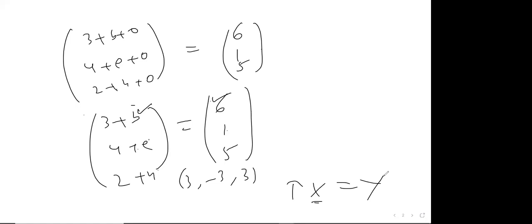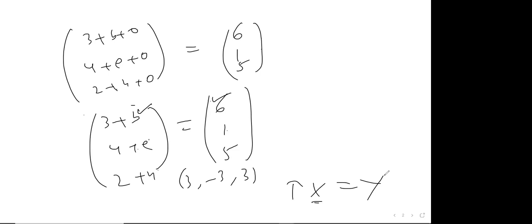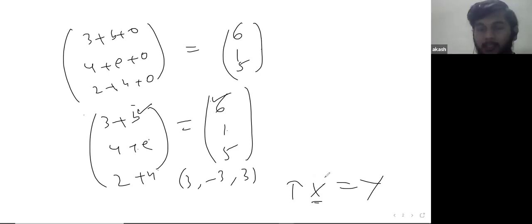So 615 is the final point we get after the transformation. What was x? X was the point that was to be transformed. There was a point in space.